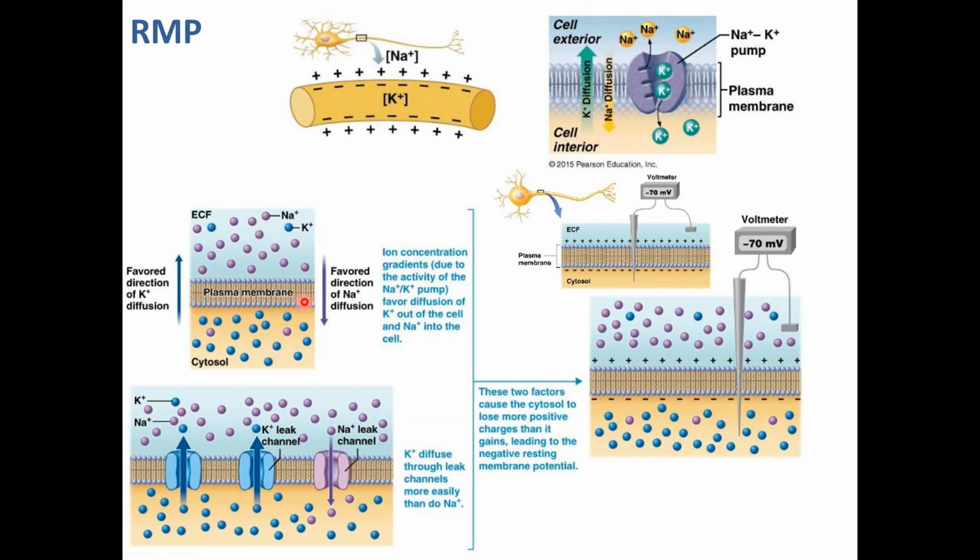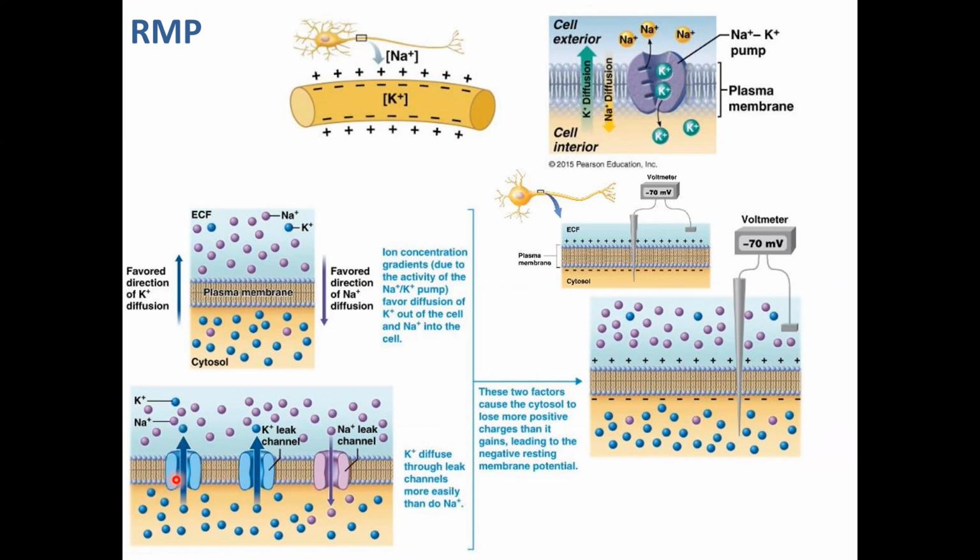This is our membrane. Now, what would be the favored direction of potassium diffusion? Of course, potassium wants to move down its concentration gradient, so potassium wants to move out. What would be the favored direction of sodium diffusion? Well, sodium would love to move in, down its concentration gradient, right? But here's the problem.